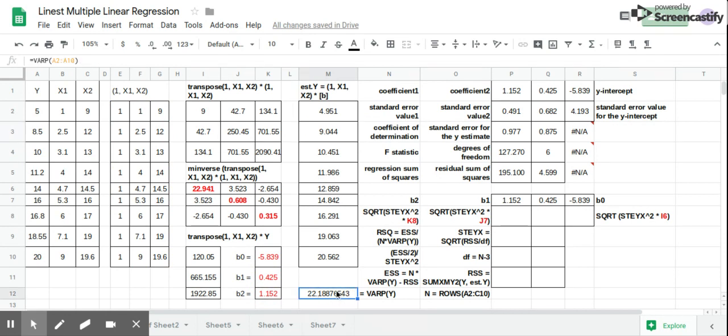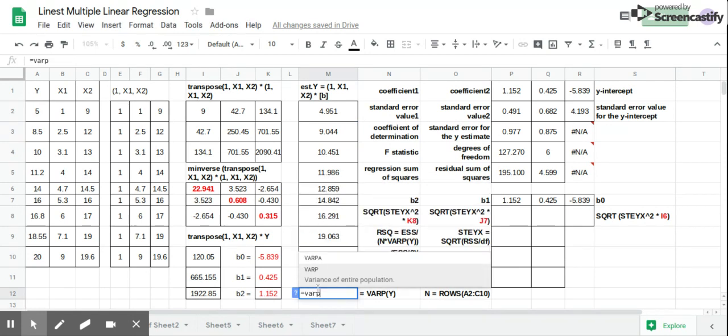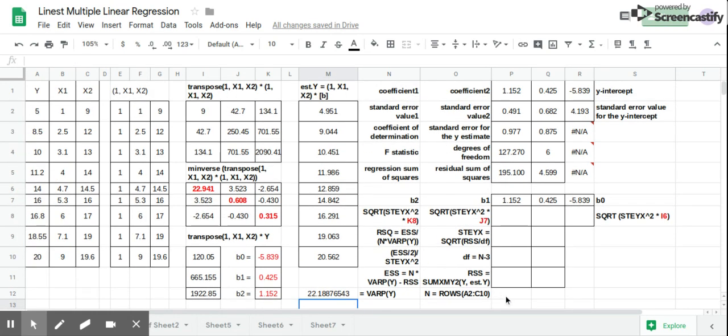Next we have the variance. We need the variance of the population y, and we also need the population, which is equal to the rows of the dataset range.